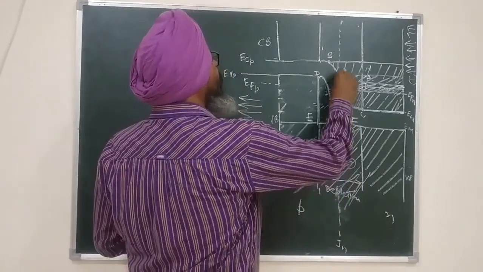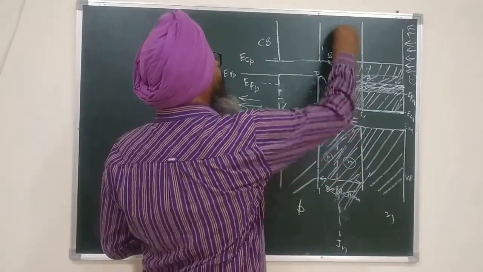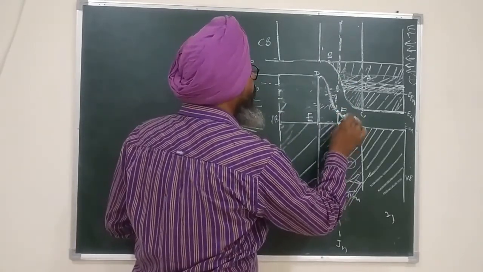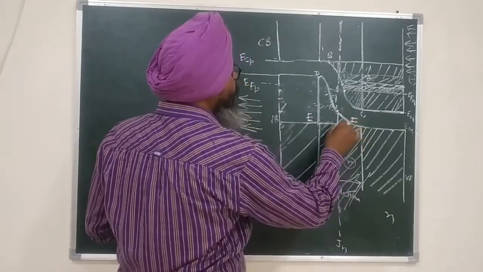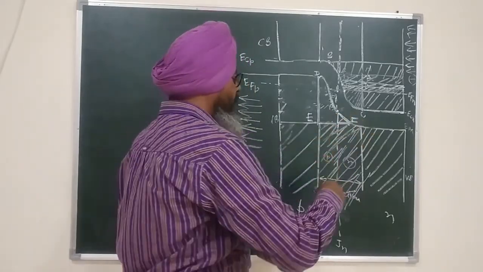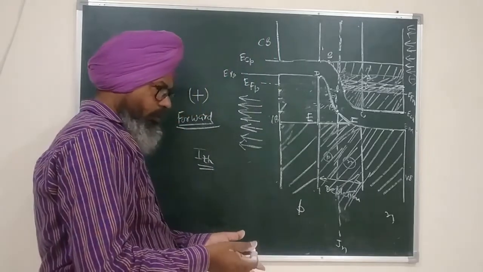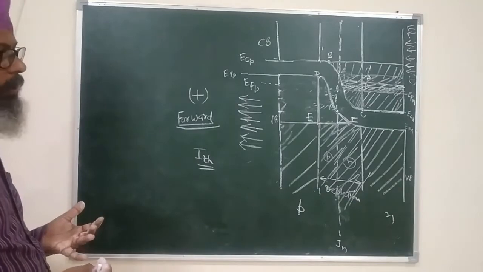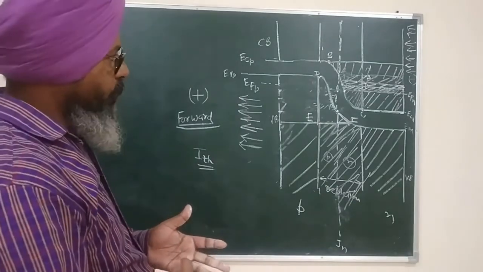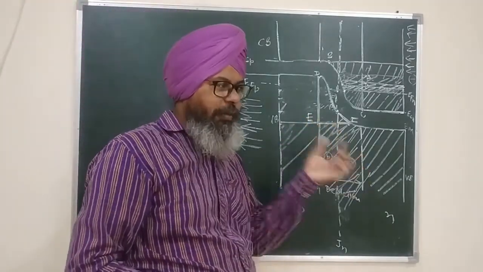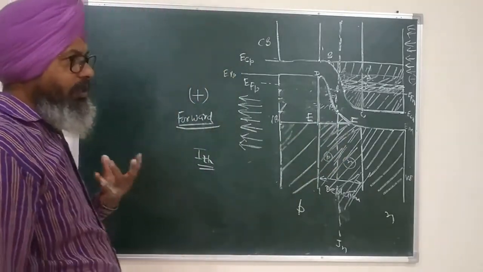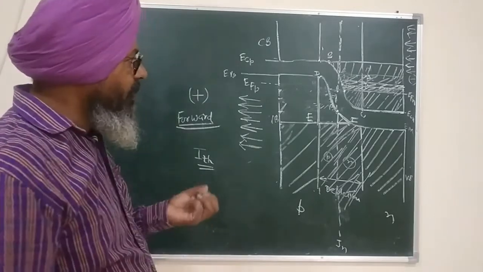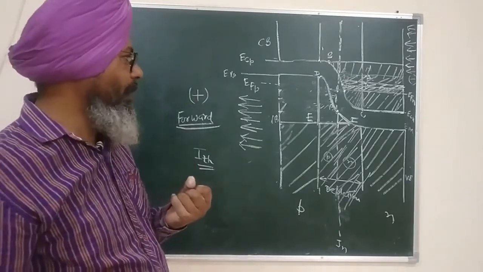Now you can appreciate that this portion of DEF that I have shown is actually in the N region. So the N region, which is known for possessing only the donor band, now possesses to some extent the acceptor band also. Meaning a region which is capable of providing electrons now has some demand for accepting electrons.